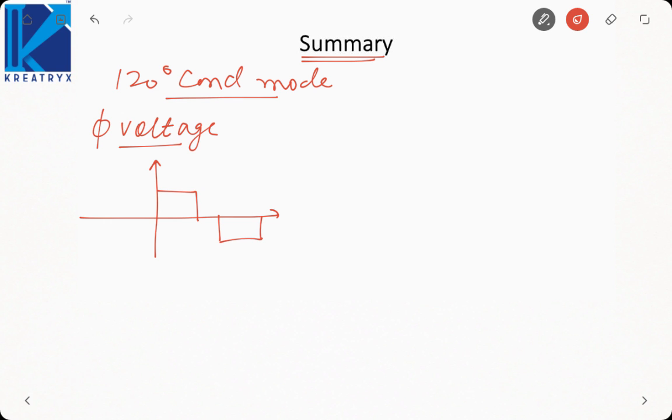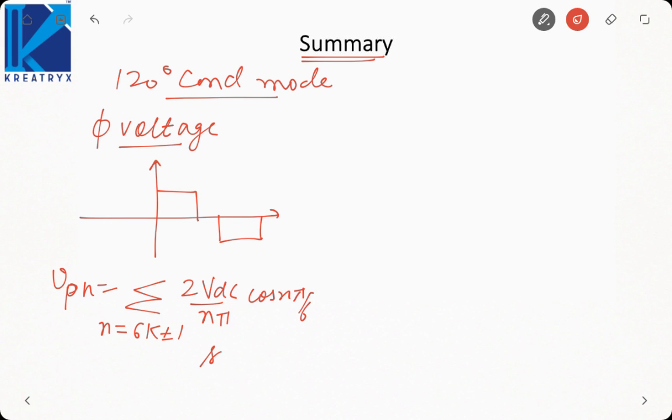We derived the Fourier series. It was, for n equal to 6k plus minus 1, 2 VDC by n pi, cos n pi by 6, sine of n omega naught t plus n pi by 6.